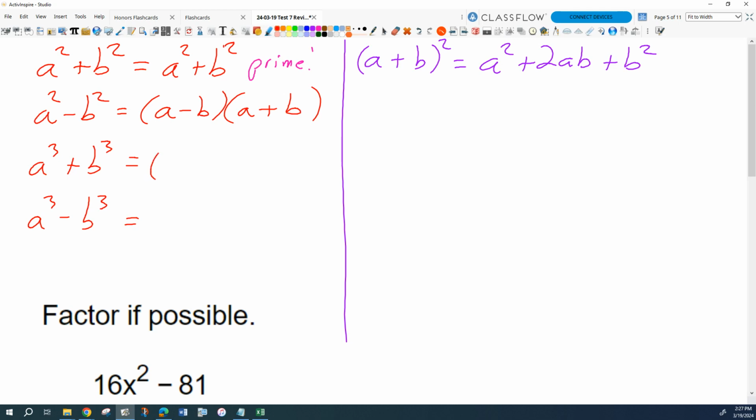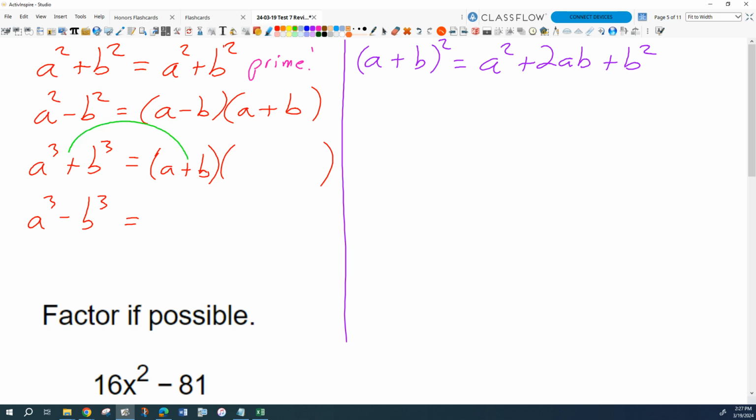We're going to get a small factor and a bigger factor. The small factor just has a's and b's, and literally it's the same thing you start with, no exponents. So it's going to have a plus b. The two terms in the small factor are just a and b, connected with the same sign that you start with.